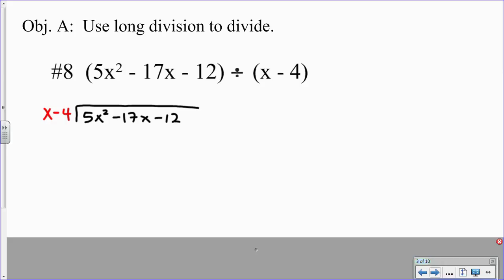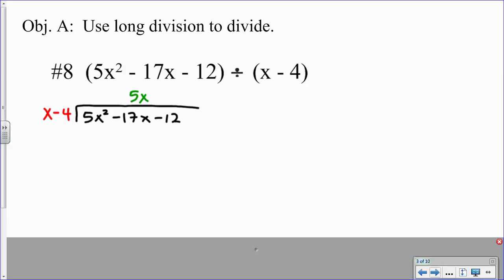So what would I want to multiply x by to get 5x squared? So basically I'm doing 5x squared divided by x, which is 5x. Okay. And when I write it up here, I'm going to line it up with its like term. So this has an x, I'm going to line it up here, 5x.